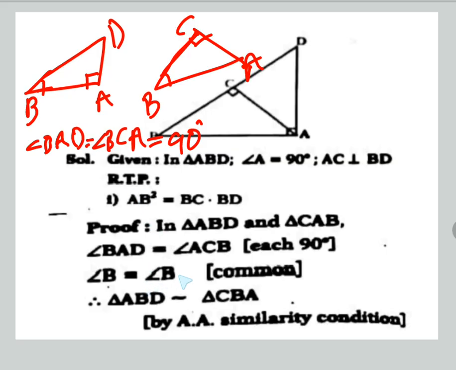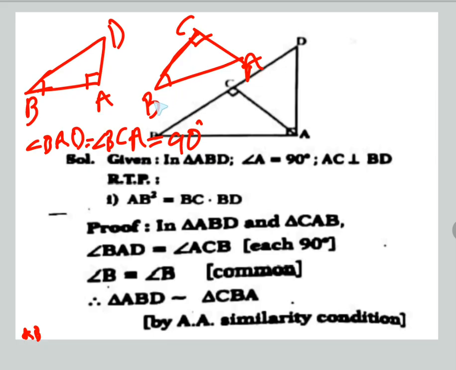So angle B is equal to angle B. Therefore, these two triangles, BAD and CAB, are similar because of the angle similarity condition.